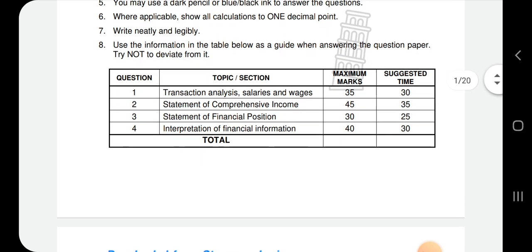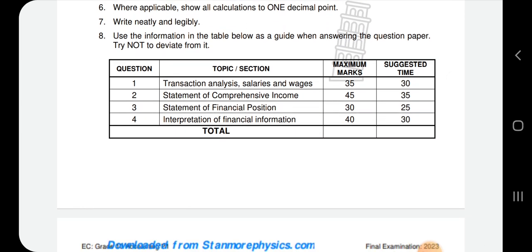Here are the sections that we'll be doing: transaction analysis, salaries and wages, statement of comprehensive income. Transaction analysis is the accounting equation. And statement of comprehensive income is your income statement. Statement of financial position is your balance sheet.